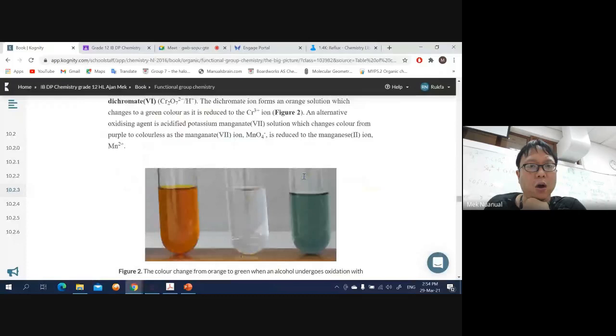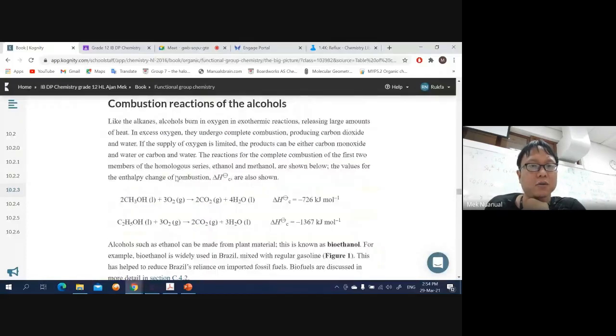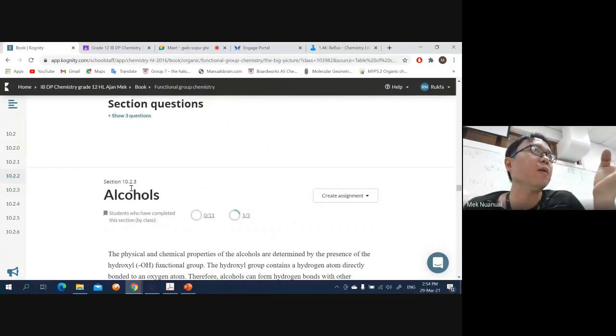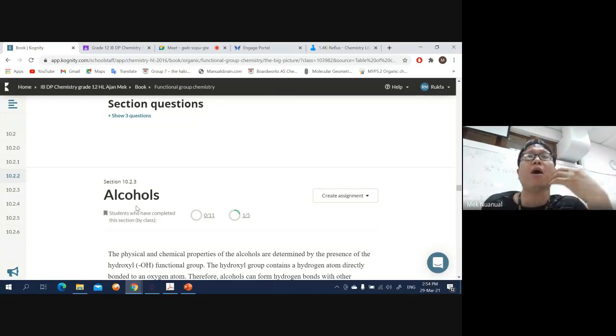Okay, so we're on this part now, the alcohols. Alcohol reactions. You already understand a lot about what alcohols are, at least how they're made and the naming of alcohols. So all we're really looking at here is the reactions that you need to remember and to show them on the test.